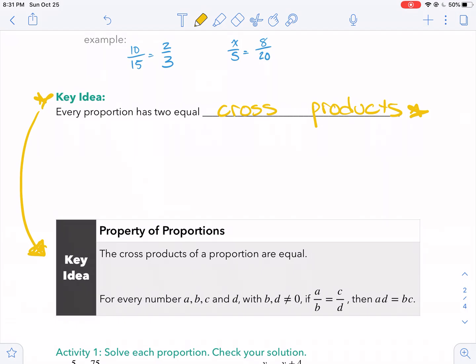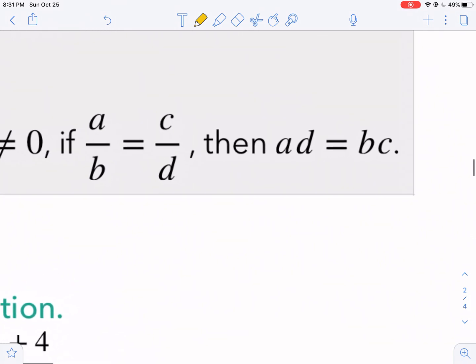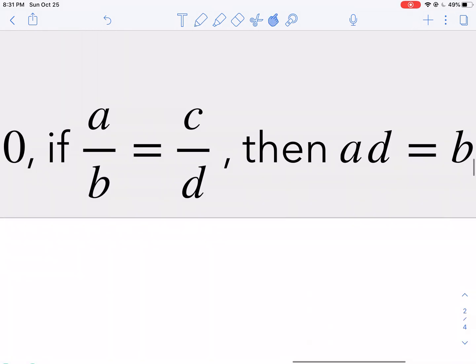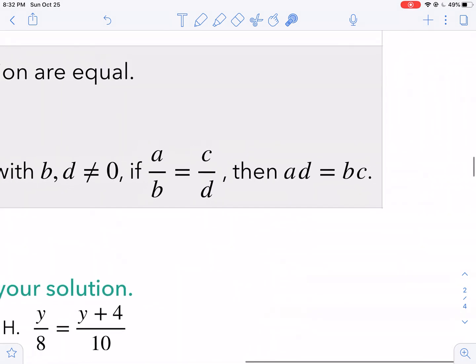So I'm just going to show you in this box down here. Okay. So if you have two ratios, a over b equal to c over d, then you can multiply them together. You can get a times d equal to b times c. As long as you're going across that equal sign, those are going to be equal to each other.